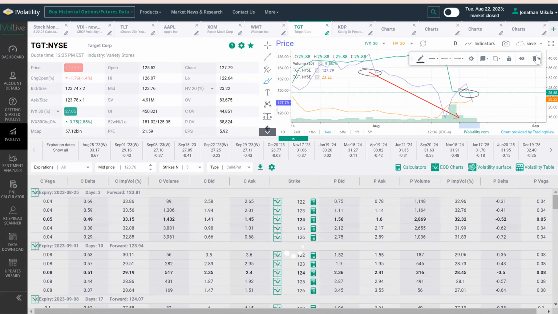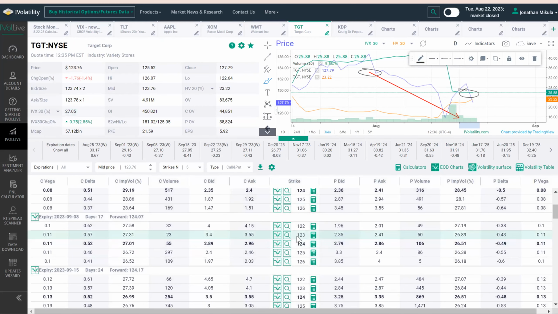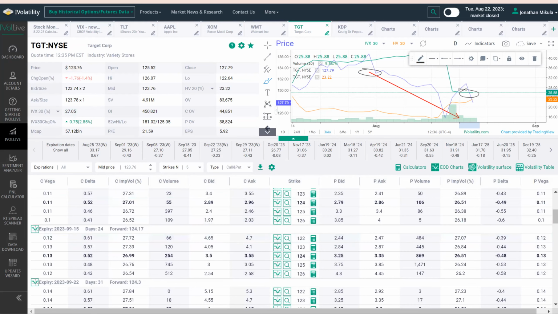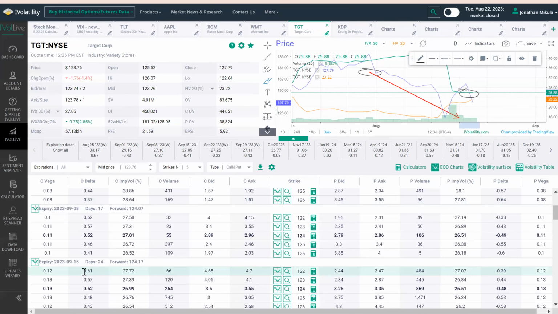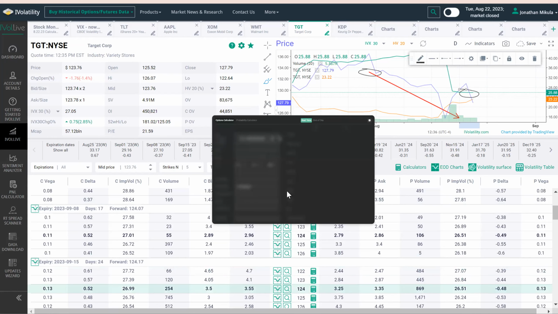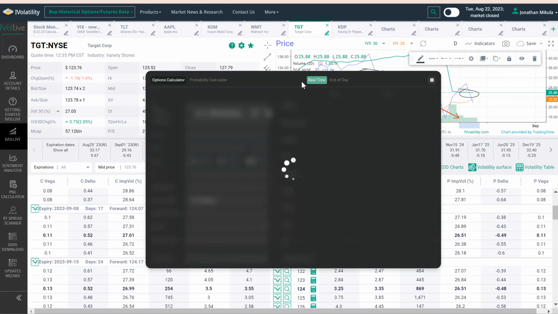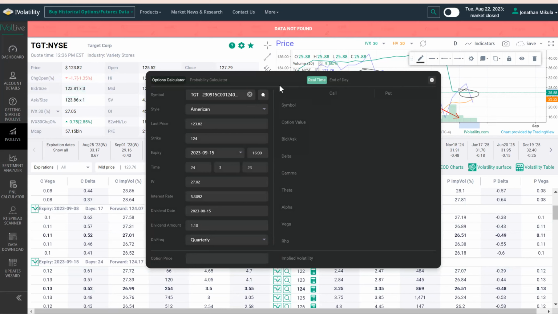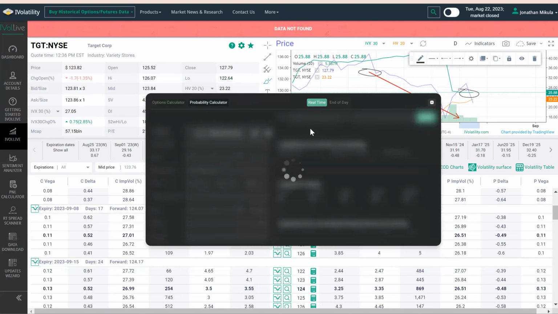So again, we head on over to our handy probability calculators, and we play market maker. We come here, September 15th, which was the same as what we looked at for Walmart. And we looked at the 124 strike. That's right here, right at the money. So we pull up our calculator and say, looking out to September 15th, we come to probability.